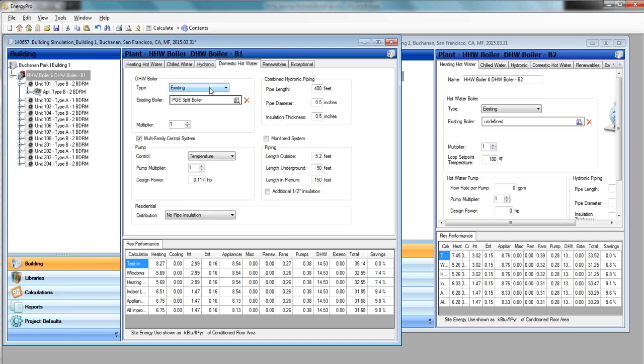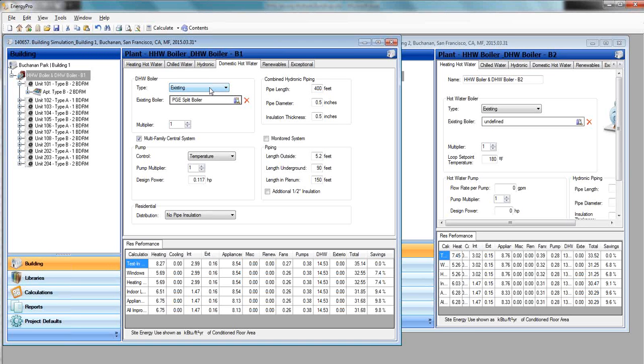It's a little unclear from your question whether this complex has 14 buildings with one large system, or if there's one building with 14 units. When you split out a system, you're splitting it out between multiple buildings. If it's just one building with 14 units, you would model the building as it stands with one domestic hot water system inside of it.